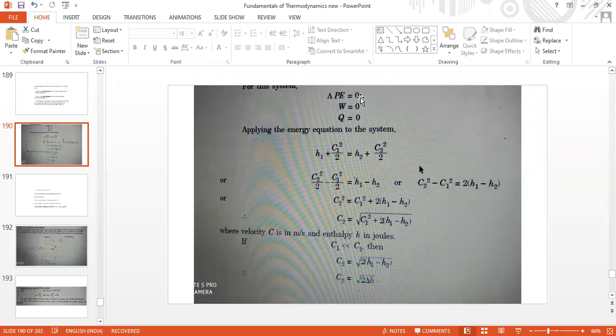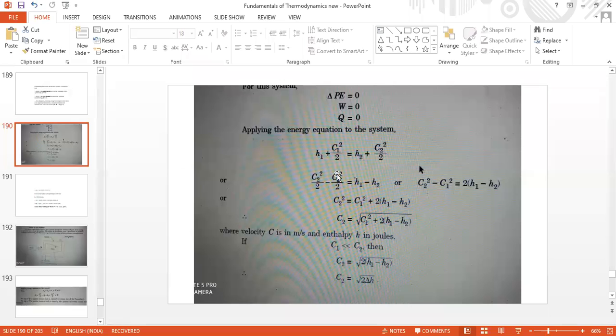Now, however, this is a horizontal nozzle, see the axis of the nozzle is horizontal. That means the center point of inlet and center point of outlet are at the same level with reference to any ground level. So therefore, the difference in potential energy is zero, and H1 plus C1 square by 2 equal to H2 plus C2 square by 2.